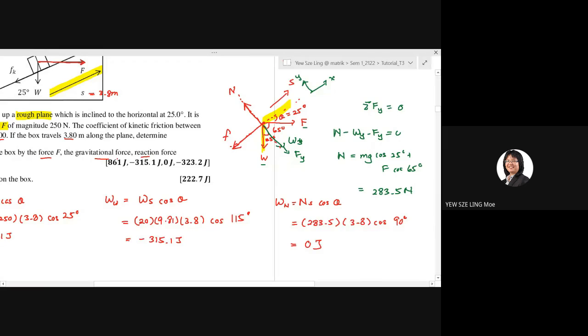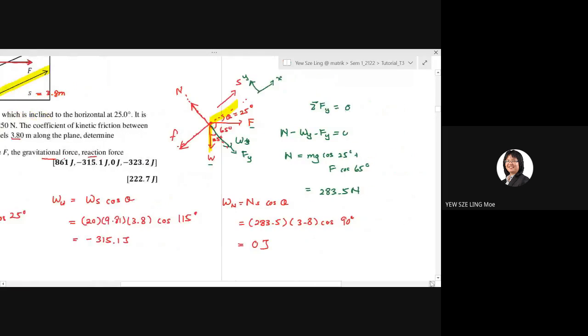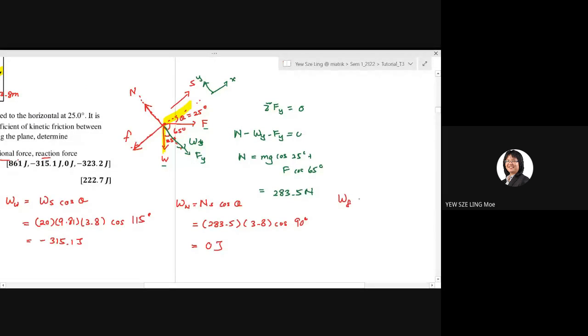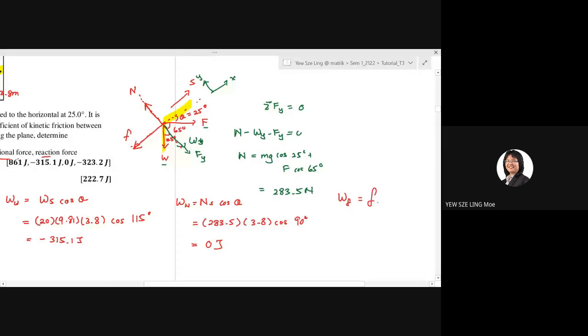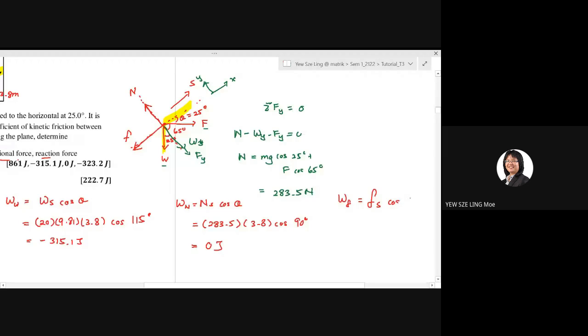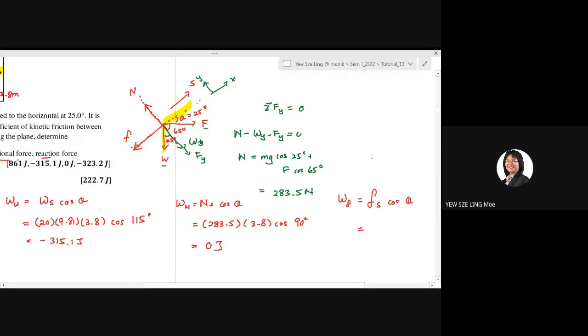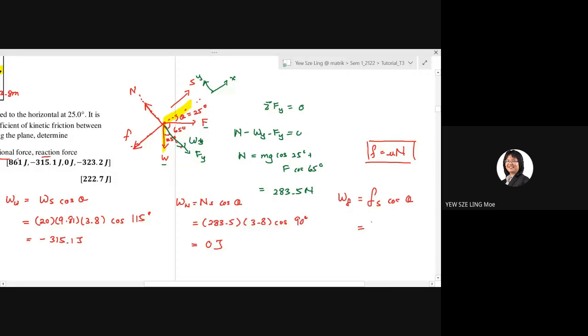Why? Because we don't have the frictional force. So now let's see how to calculate the work done by frictional force. WF equals F s cos theta. We don't have the frictional force, but what we know is F equals mu N. Aha, so we can still use the N in our calculations.